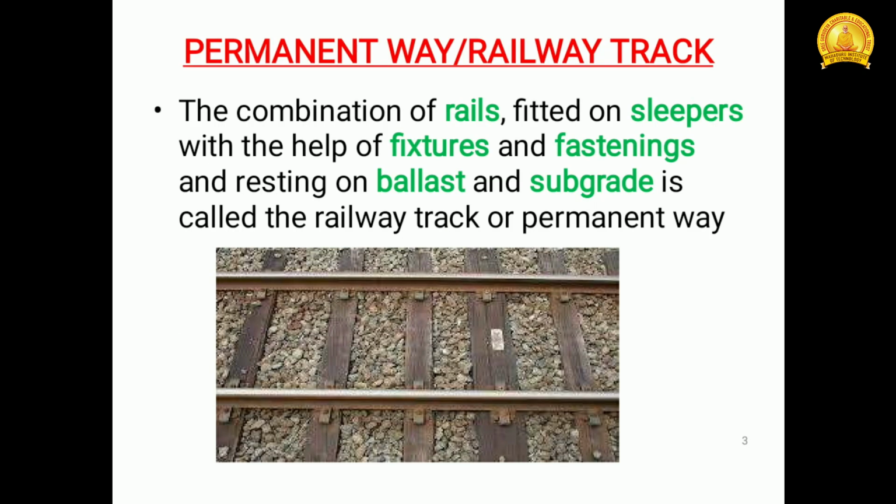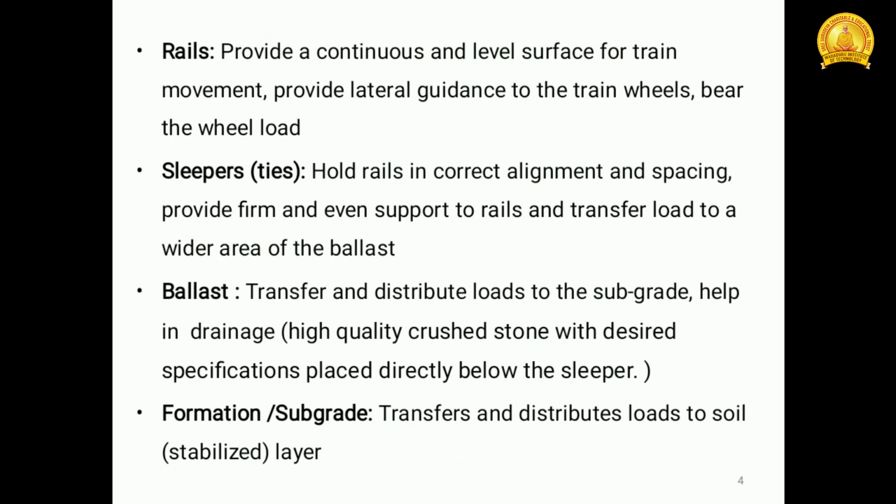In this figure, the horizontal members provided below the longitudinal members, that is the rails, are termed sleepers. The horizontal members provided between a pair of rails are termed what? Sleepers. The next one is ballast. What is this ballast? We usually say ballast cushion.